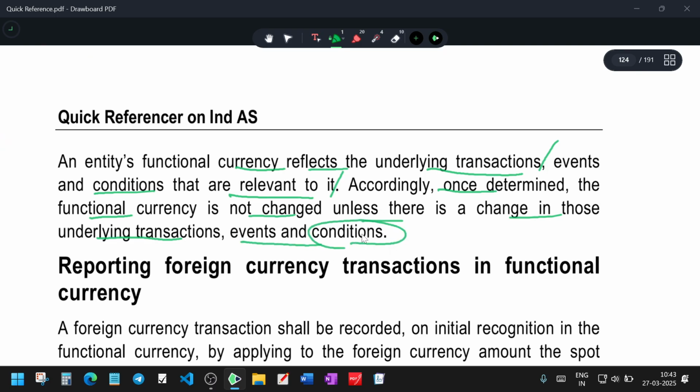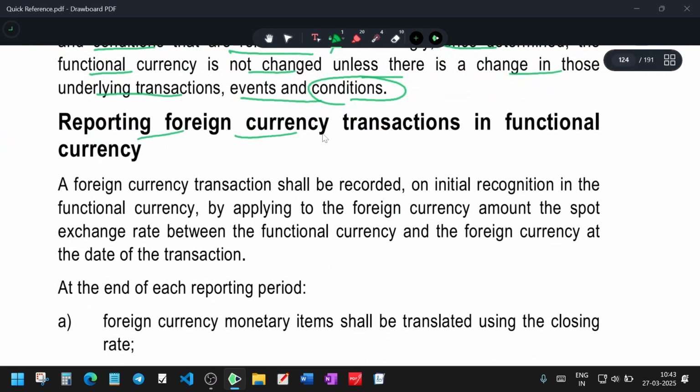So when there is a change in the underlying transaction, an event that forces a change, and a condition that exists, only when these three things correlate and happen can you think of changing the functional currency. Unless the transactions, events, and conditions are there to influence a change, you don't need to think about changing the functional currency.